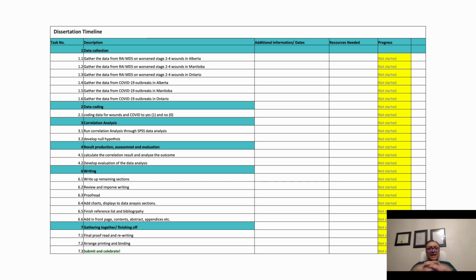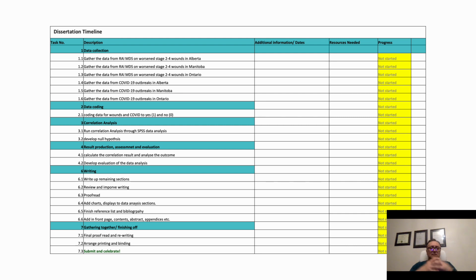And that's why I put it as RIMDS data, which is the database for the long-term care quality improvement. And we are going to take the data reported and collected for worsened stage 2 to 4.